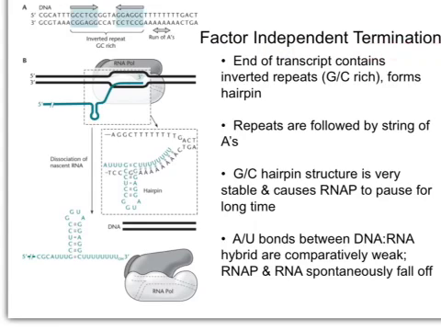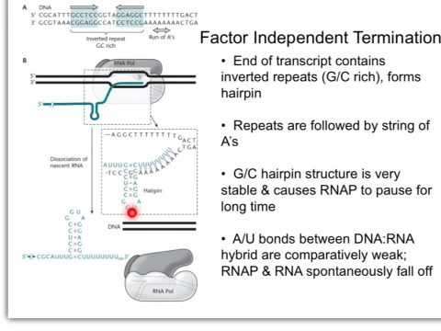Factor independent termination depends on sequences that include an inverted repeat that is GC rich, shown here and here. These are the inverted repeat motifs, followed by a run of A's. The GC hairpin structure forms because of the tight bonding between G's and C's, and this causes RNA polymerase to pause, typically for a long time.